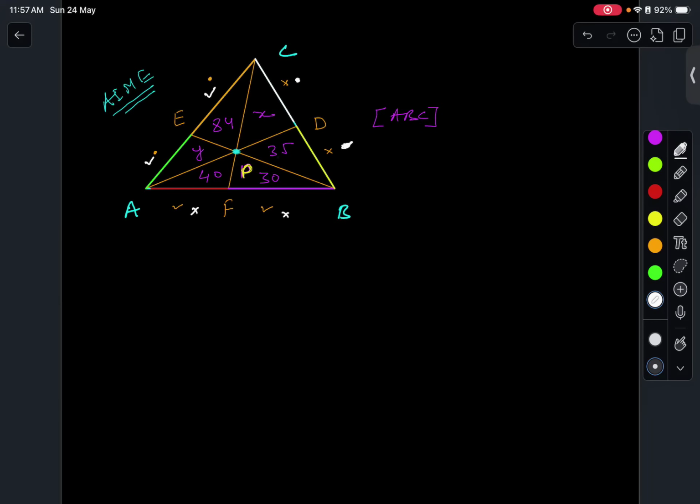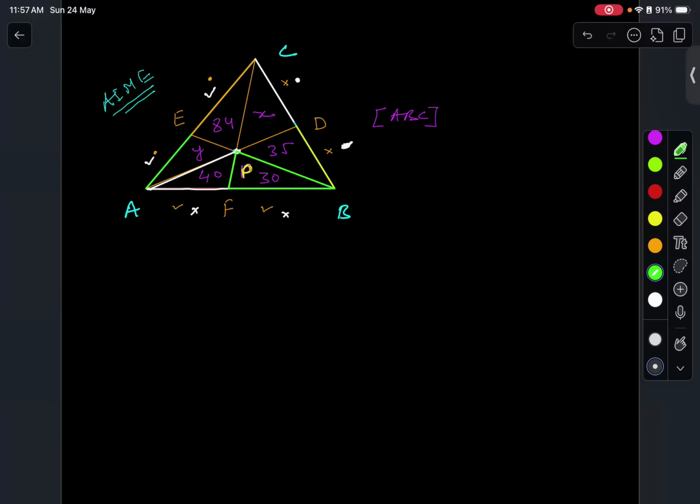Okay. You can start from anywhere. So all the areas are directly proportional to the bases, because from point P we can say the height will always be same. Like for the triangle APF and the triangle PFB, the height will always be from P, that will be same.